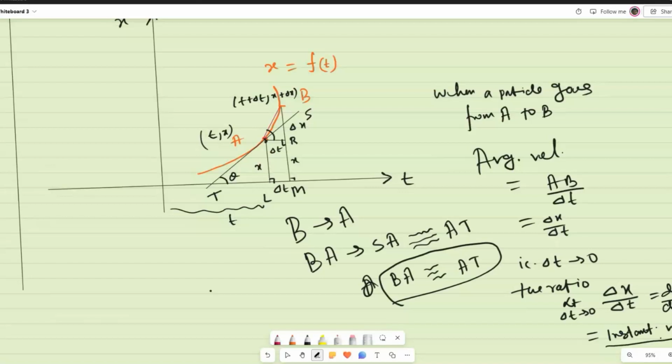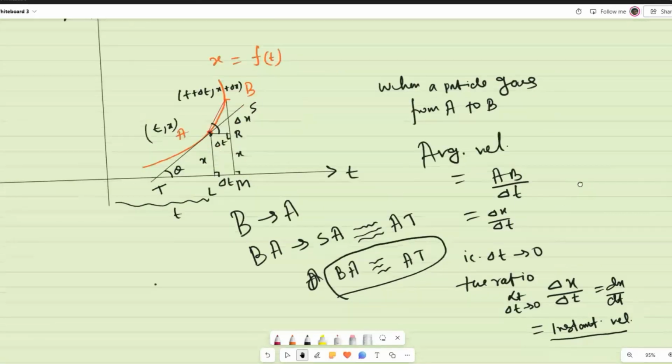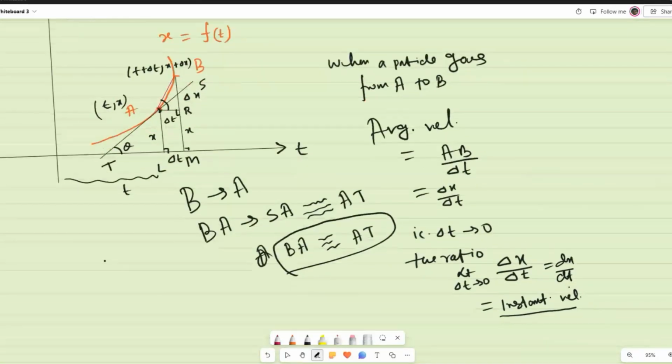So the geometrical interpretation of dx by dt is the slope of tangent, which is nothing but instantaneous velocity at a point. This is true for the x-t graph, the displacement-time graph. If it happens in a velocity-time graph that is a curve, then that will represent the rate of change of velocity, which is nothing but instantaneous acceleration. Hope we have understood the geometrical application of the derivative, isn't it? Yes.